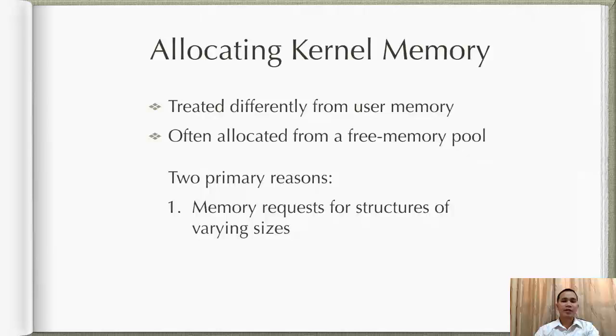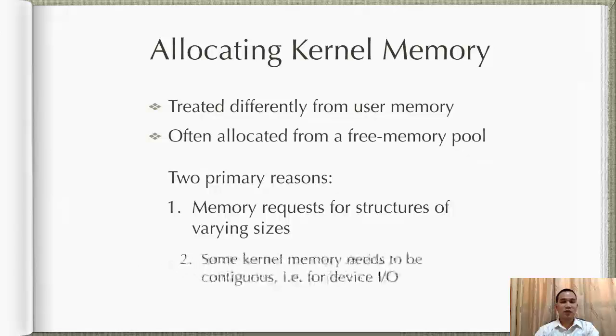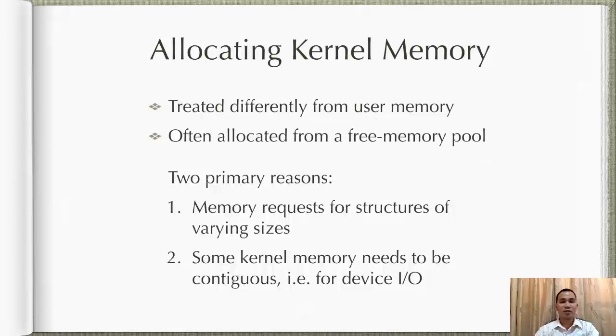There are two primary reasons for this method. One, memory requests are for structures of varying sizes, and as a result, the kernel must use memory conservatively and attempt to minimize waste due to fragmentation. Another reason, some kernel memory needs to be contiguous.